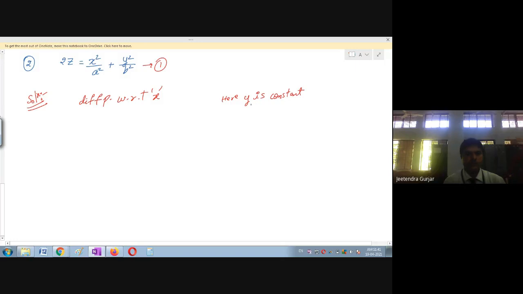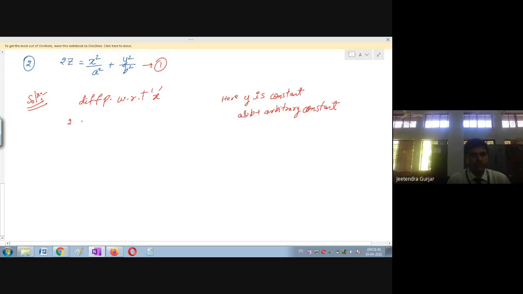So please remember this, students. Here y you are going to hold constant, and a and b are already arbitrary constants. So you have to keep this in your mind. So 2, I'm going to differentiate now. 2 I will keep outside.